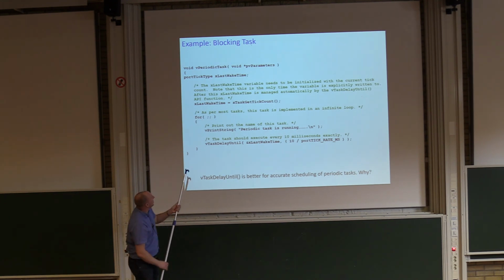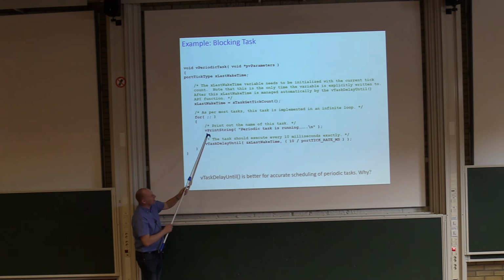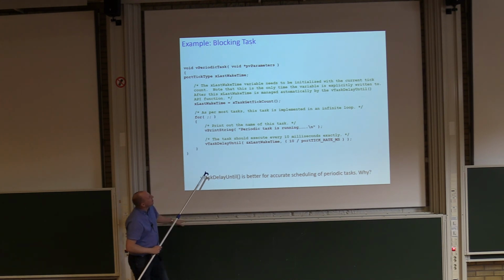Right? So it doesn't really matter as long as it takes less than, in this case, 100 ticks to execute the code here. But there is one thing to keep in mind though, and that is that there might be other processes that are also running, right?